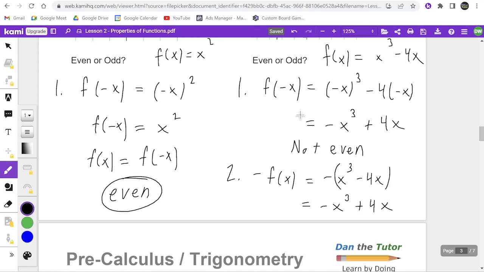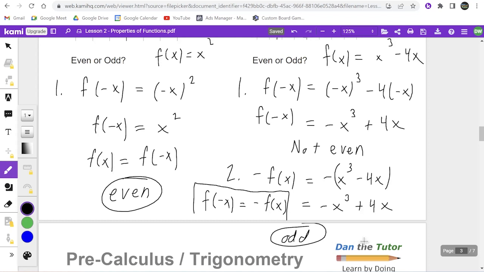Look at that. F of negative x right here from step one equals negative f of x. The two are equal to each other. And because f of negative x equals negative f of x, we would say the function is odd.